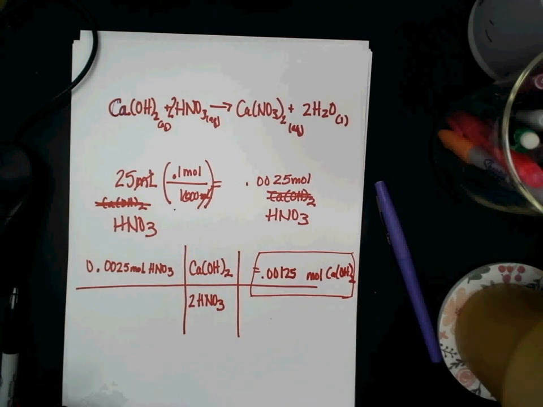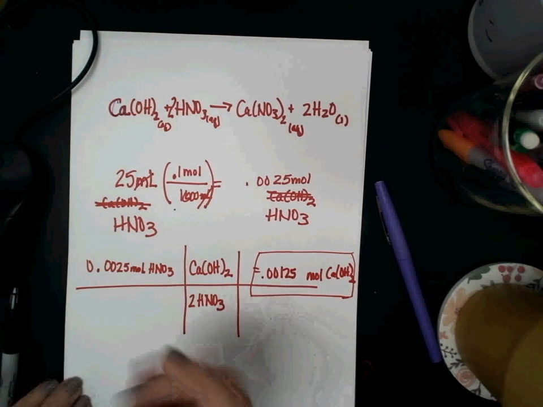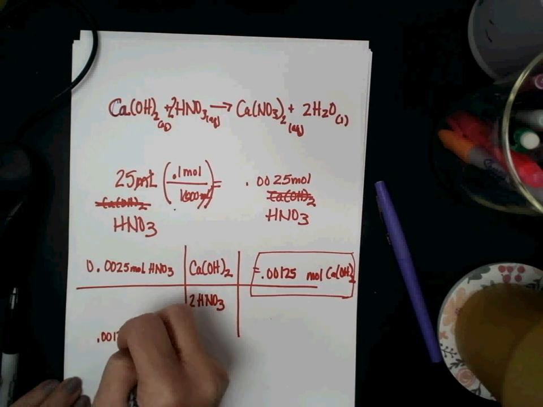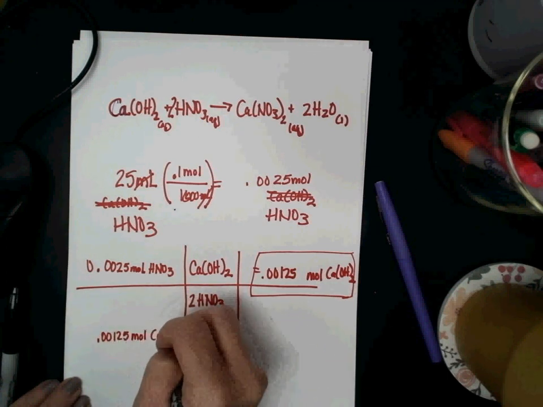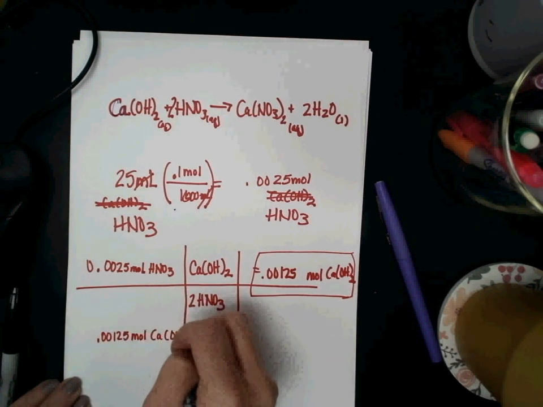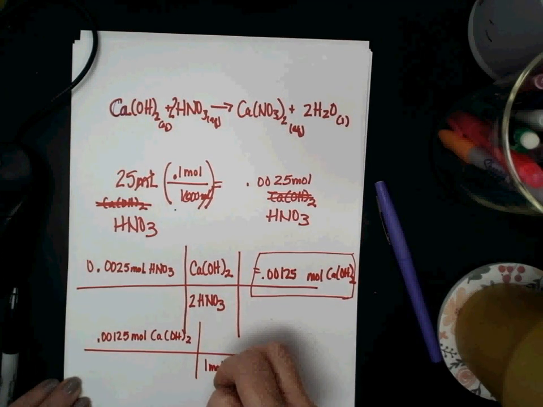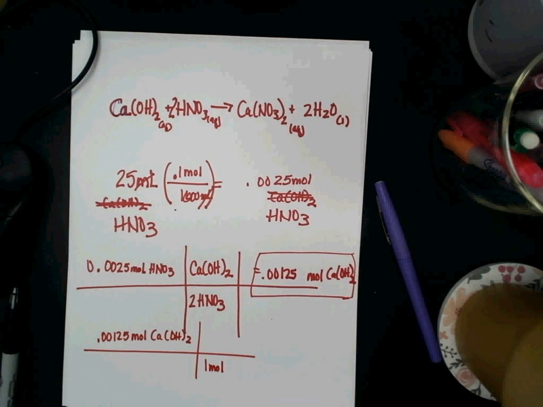Is that right? Okay. So now I know how many moles of calcium hydroxide I have. What do I really want to know in the end? What's the problem asking you for? Grams. So I have to convert my .00125 mole Ca(OH)2 to grams. So you have to figure out the molar mass of calcium hydroxide. I can't remember calcium.